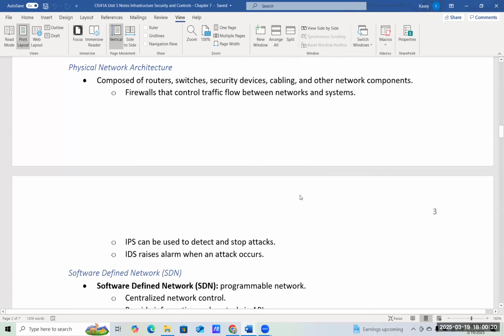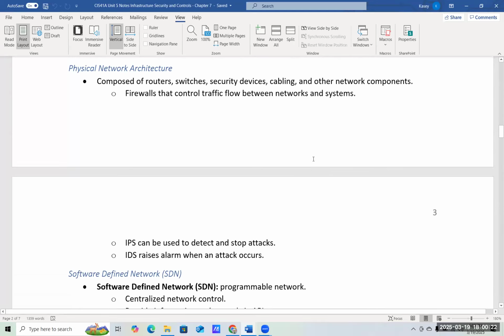So here it talks about physical network architecture and how you would look at network appliances and systems and cabling and how that can also be a part of control. So simple, right? If I cannot logically attack a system, I can simply go and cut the cable. Okay, so how do you protect your cables?